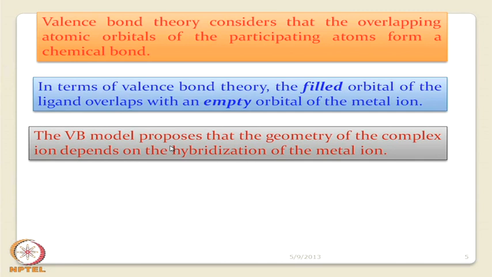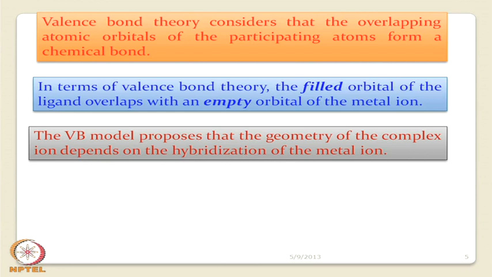So, the valence bond model proposes that the geometry of the complex ion depends on the hybridization of the metal ion. Linus Pauling proposed different types of hybridizations, and depending upon the type of hybridization, whether it is sp3 or dsp2 or d2sp2 or d2sp3, we can have different geometries for the metal complexes.